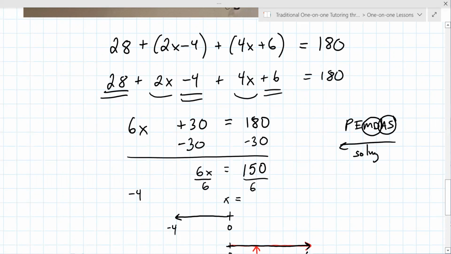Now, if you need to grab a calculator, you can, but please tell me what 150 divided by 6 is. 25. X is 25.